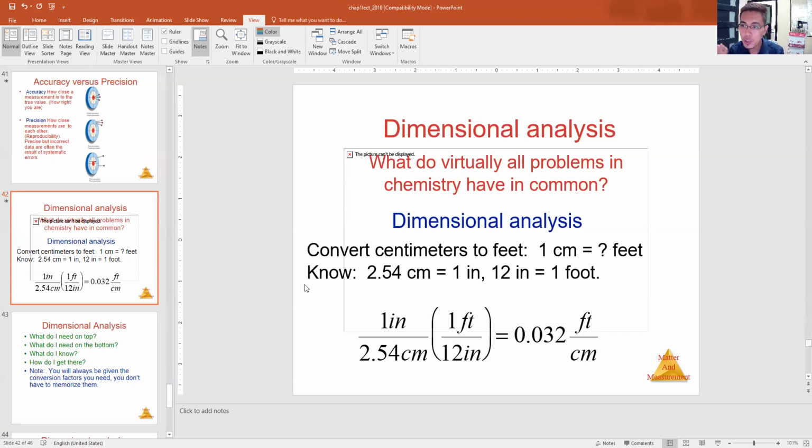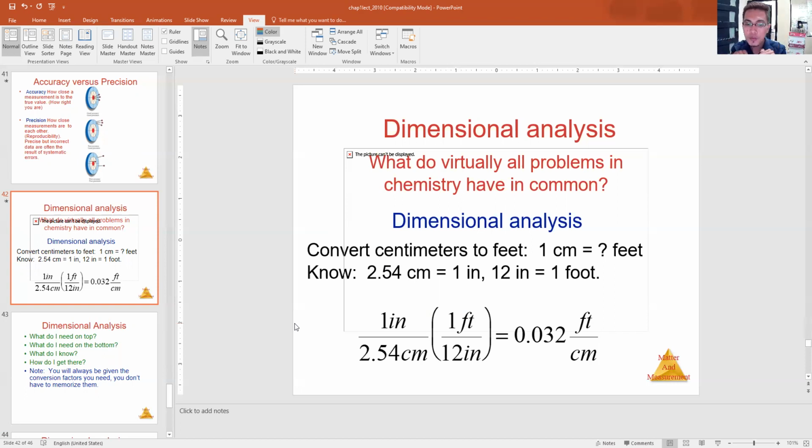So from that relationship, we create a dimensional analysis. We convert 1 centimeter, so 1 centimeter is our baseline. Our denominator should be centimeter also, so that the numerator and the denominator cancel.